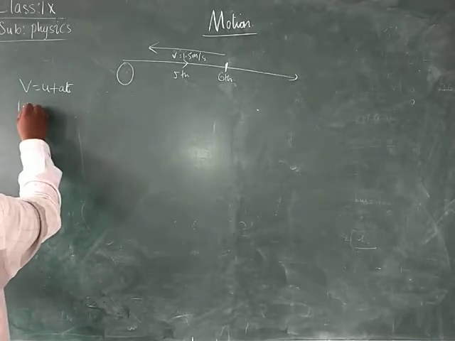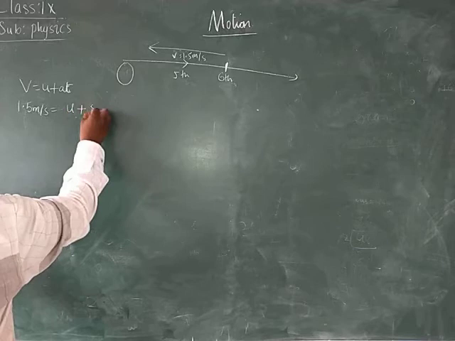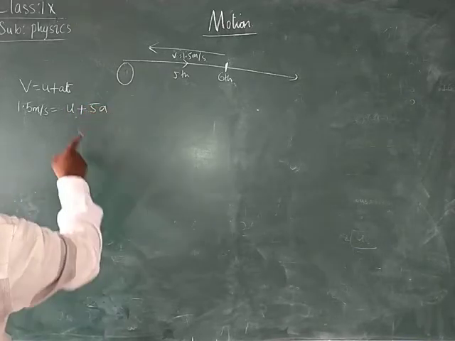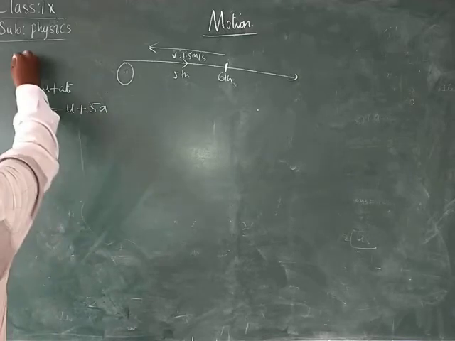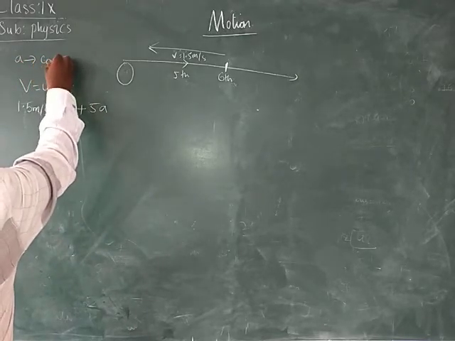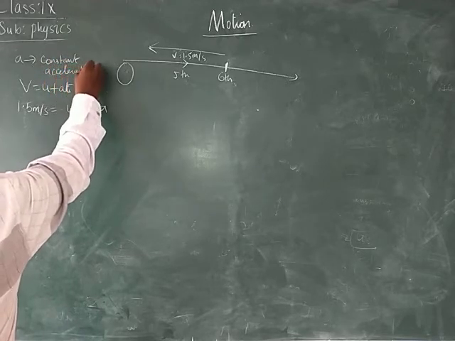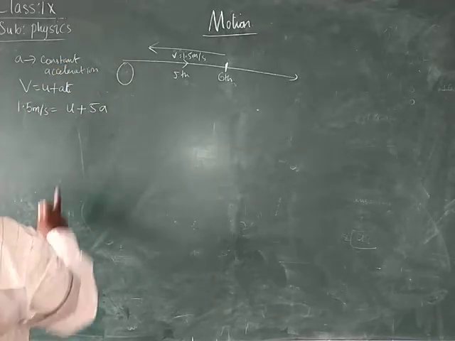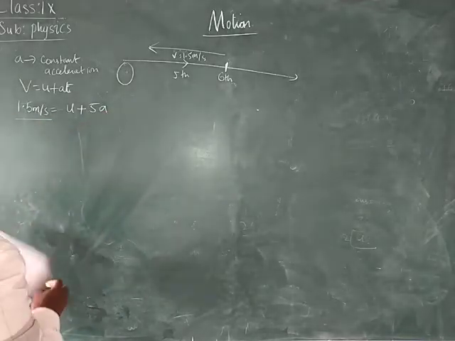Therefore, 1.5 meter per second is equal to U plus 5 into A, for the 5th second. The body is moving with constant acceleration, A is the constant acceleration. Therefore, V is 1.5 meter per second is equal to U plus 5A.